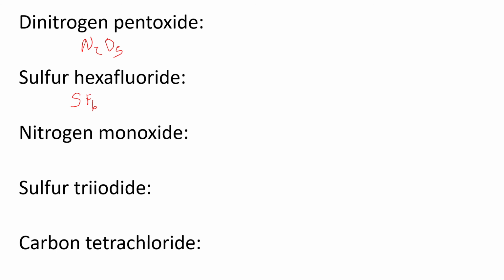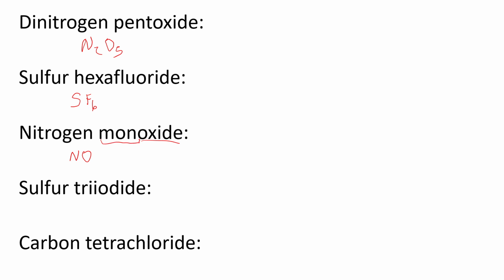Nitrogen is an N. It has no prefix, so therefore there's only 1. Oxide is oxygen, which is an O. Now I have my prefix mono here. Mono is a 1.